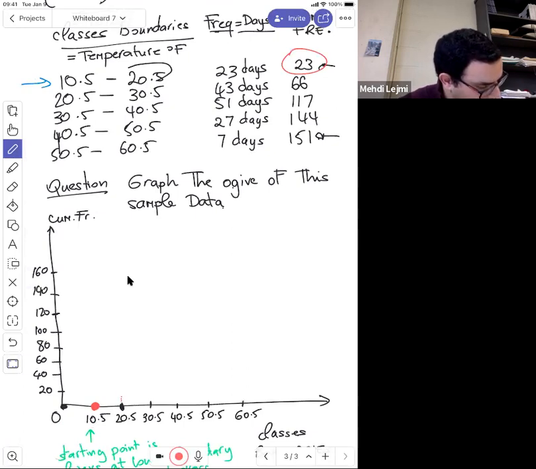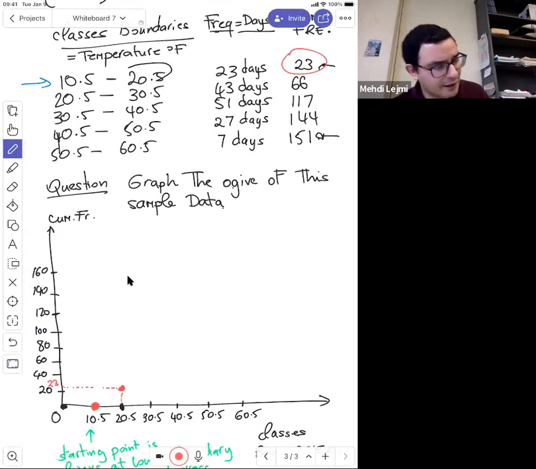Let's say this is 23, the cumulative frequency of the first class. Again, this 23 is just an approximation, since I didn't measure any units.